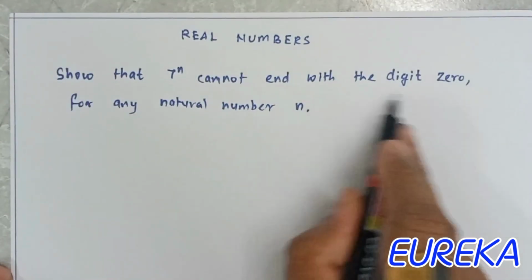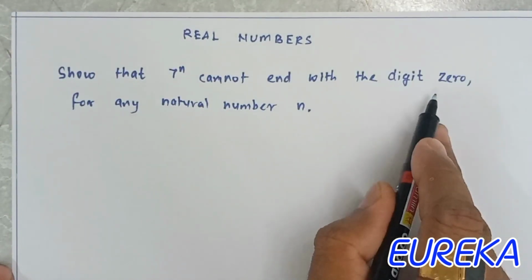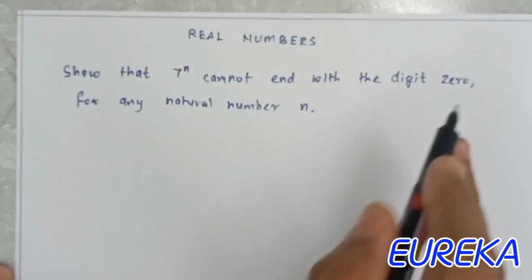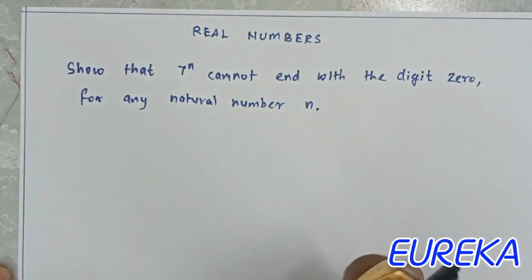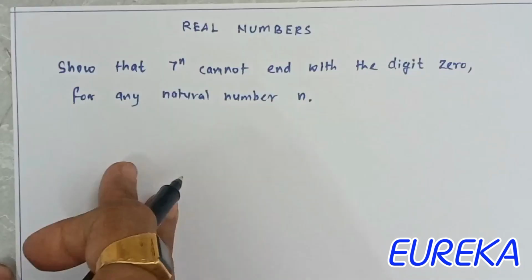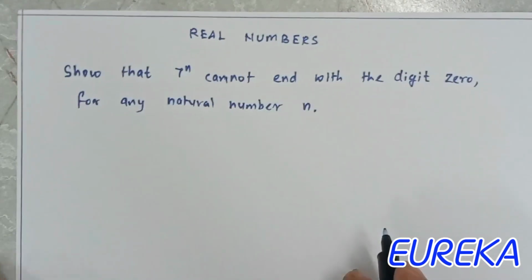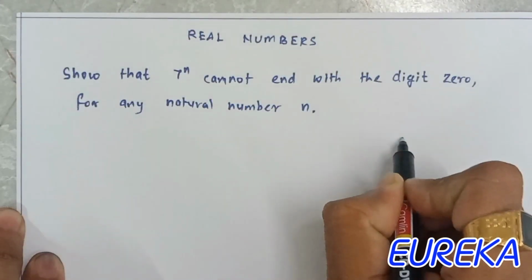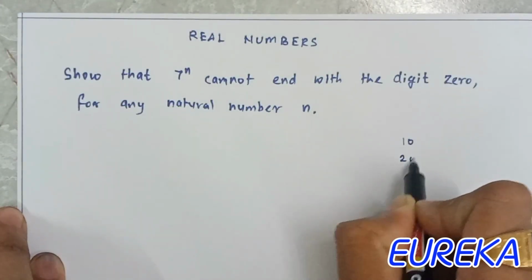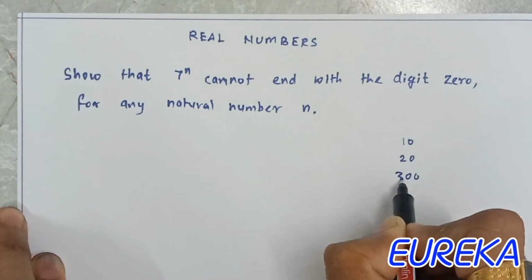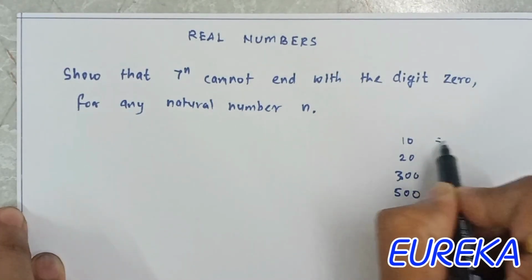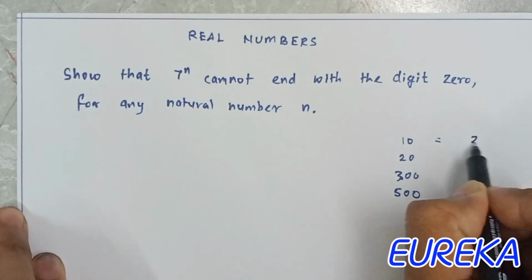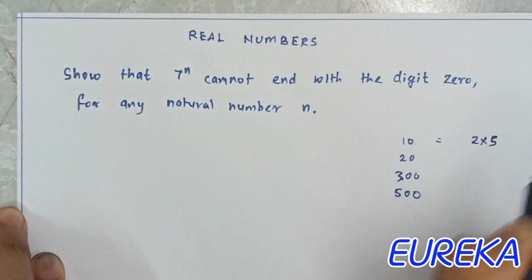For a number to end with the digit 0, it should have 2 and 5, not either, both. For example, if I write 10, or 20, or 300, or 5000, we know that at the end we will have factors 2 and 5.